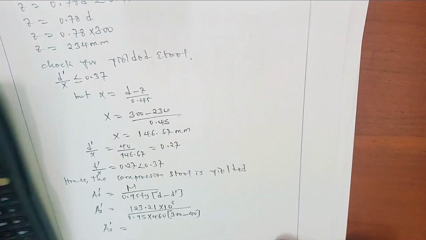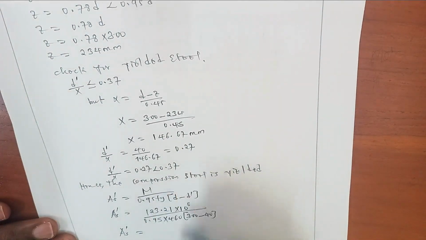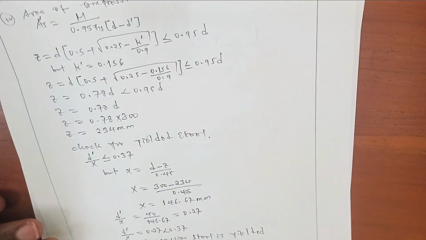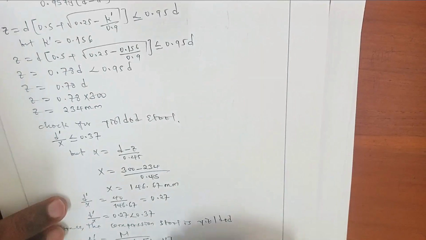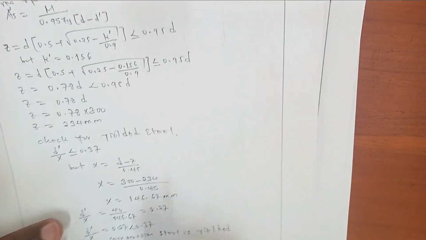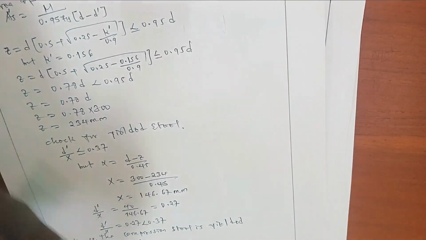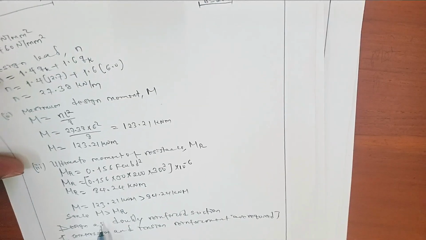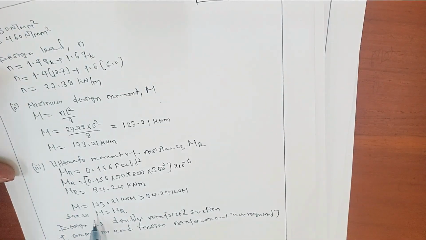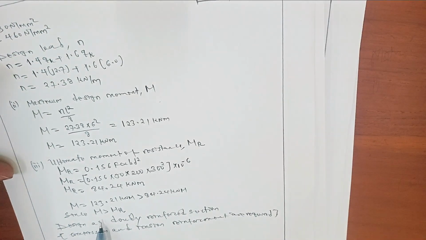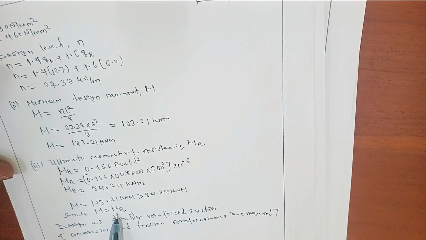no, for the area of compression, from this case, for a doubly reinforced section, it is used when the maximum design moment is greater than M1, which is the ultimate moment of resistance.